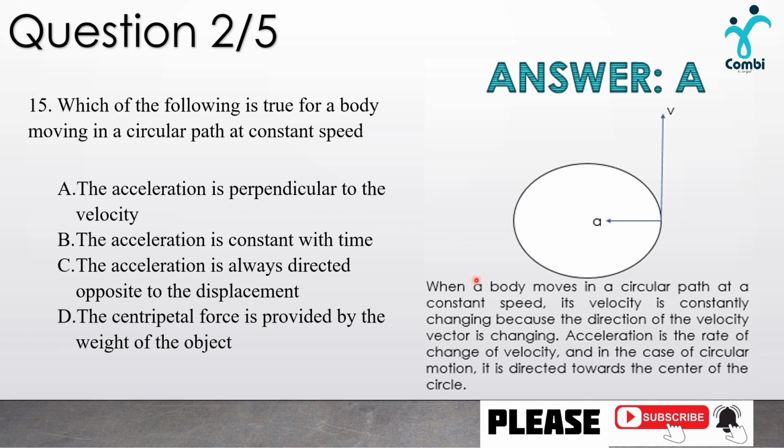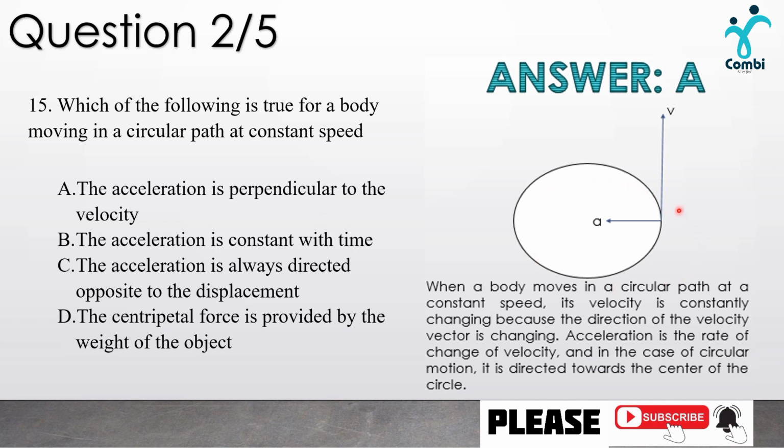And let's get some little explanation on this. When a body moves in a circular path at a constant speed, its velocity is constantly changing because the direction of the velocity vector is changing. You understand, right? The speed is constant, but the direction changes.